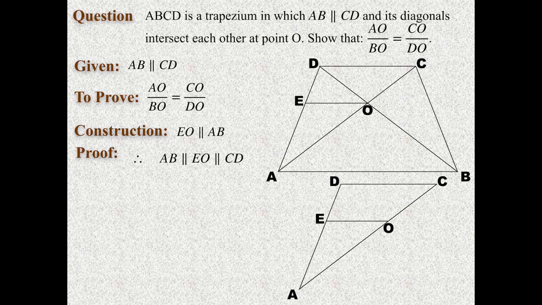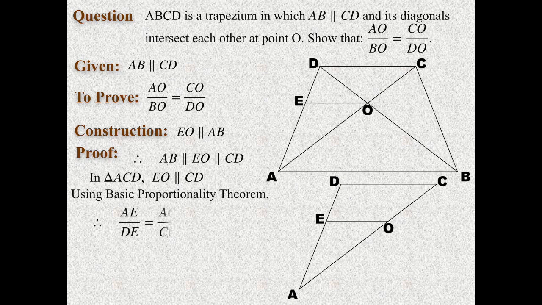Now see the triangle ADC in which EO is parallel to CD. So using basic proportionality theorem, we can say AE upon DE ratio is equal to AO upon CO ratio, and let's say this is result 1.